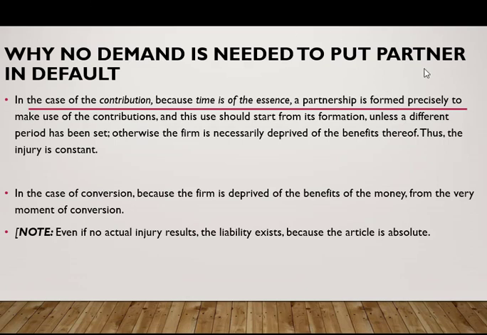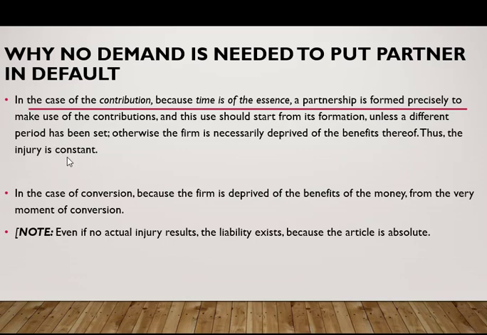So, why is no demand needed to put a partner in default? Because time is of the essence. We've mentioned this one already. A partnership is formed precisely to make use of the contribution, and this should start from its formation unless a different period has been set. Otherwise, the firm is necessarily deprived of the benefits thereof.